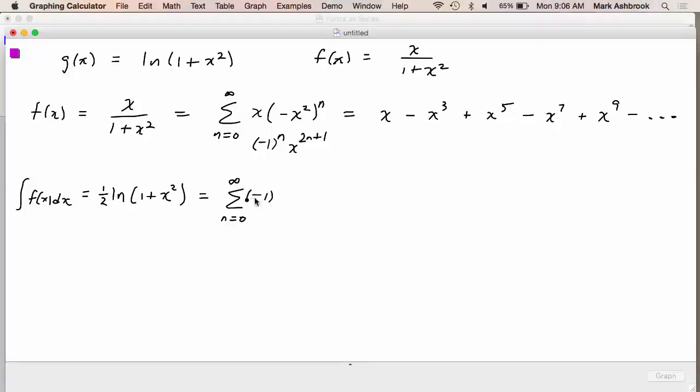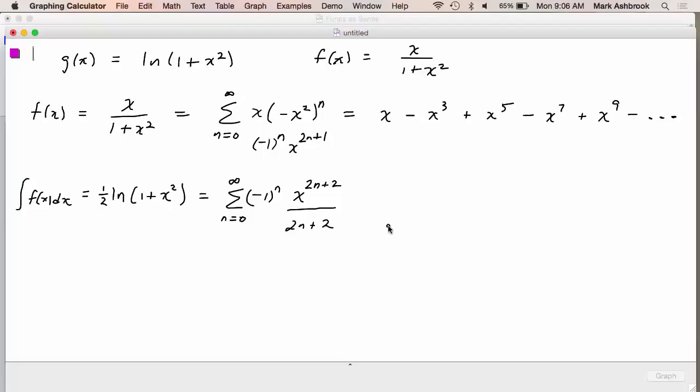So this negative 1 to the n just stays. With respect to x, it's going to be x to the 2n plus 2 all over 2n plus 2. So we're doing antiderivative of everything.